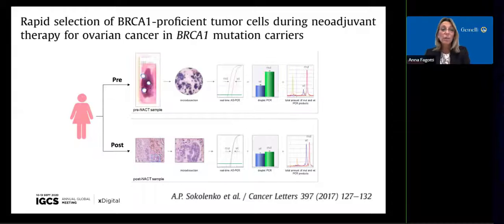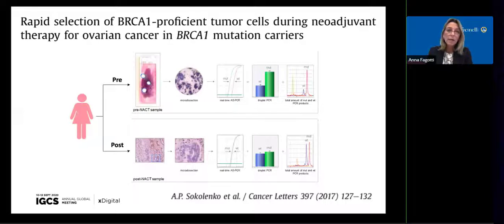However, I think that the most important consideration is to find a reason or a molecular explanation to this type of chemoresistance. And this is a study made by some colleagues in Russia, where they did an assessment of BRCA status in tumor pairs pre and post neoadjuvant chemotherapy.